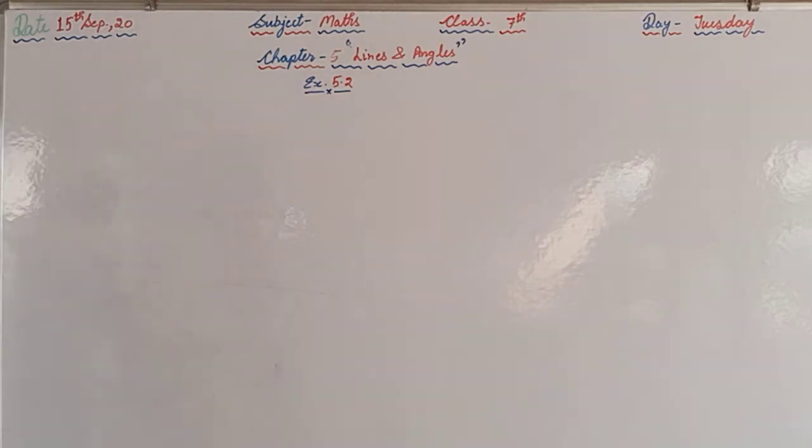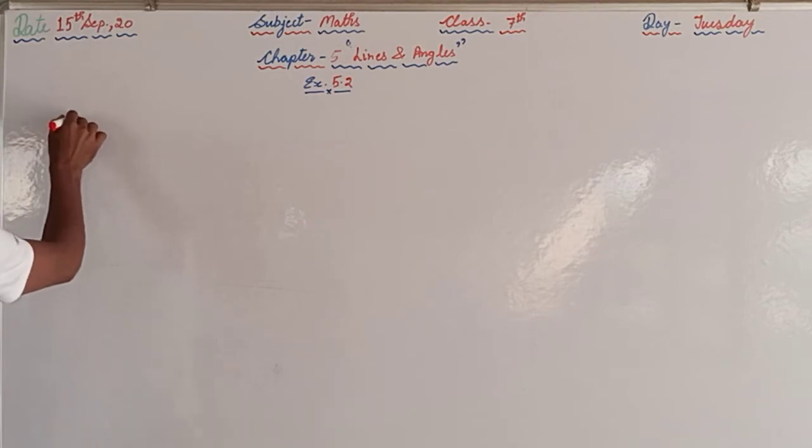So in question number 4, again the figure is given, with two parts. We will solve the first one, and the second one you are supposed to try. Find the values of x in each of the following figures if L is parallel to M, and the transversal is there. Question number 4.